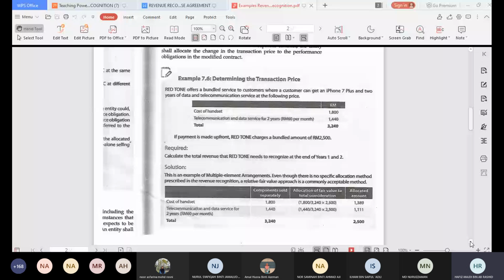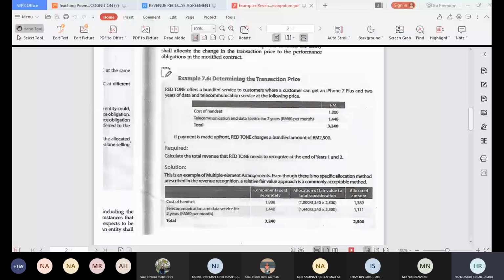The second is for the company to provide the telecommunication services for 24 months. As a package, the price is 2,500. Therefore, to allocate how much is the price for the equipment and how much for the services, you can use the standalone prices as a basis to allocate.